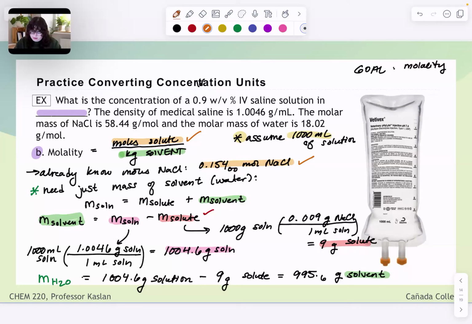However, this mass of solvent is not in the correct unit, right? Molality demands that we use kilograms of solvent. So if I want to take grams and convert to kilograms, that is moving my decimal over 1, 2, 3 places. So this is equal to 0.9956 kilograms of H2O.